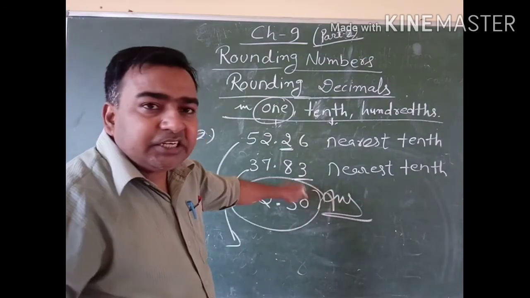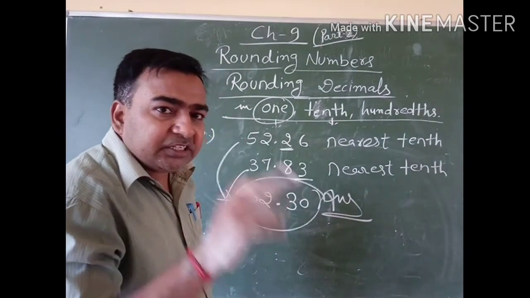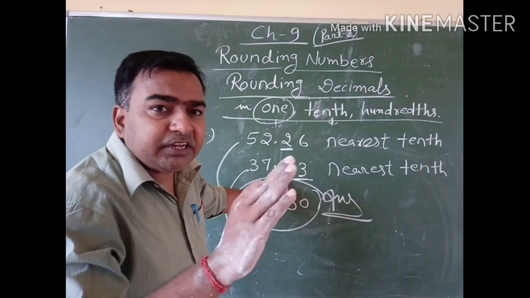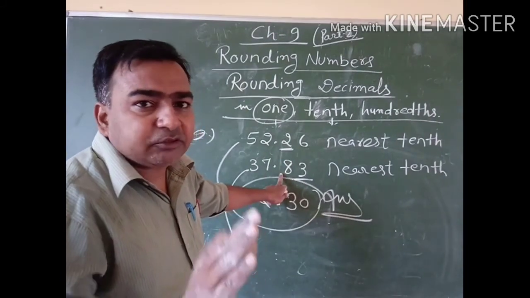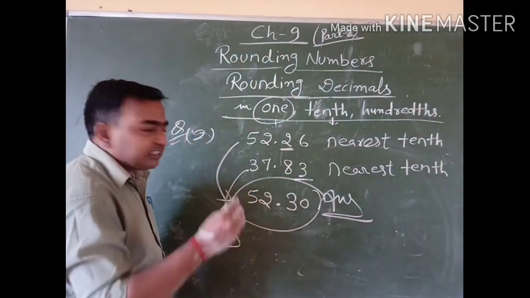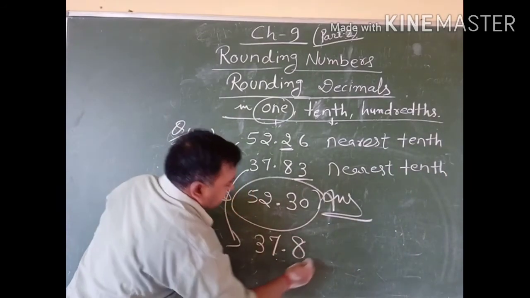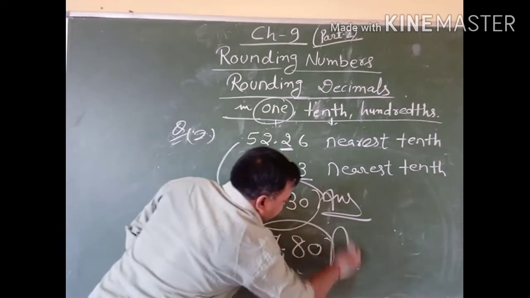So this 3 is replaced by 0, and the 10th place number we will write as it is, we will not change it. So what is the answer? The answer is 37.80. This is our answer.